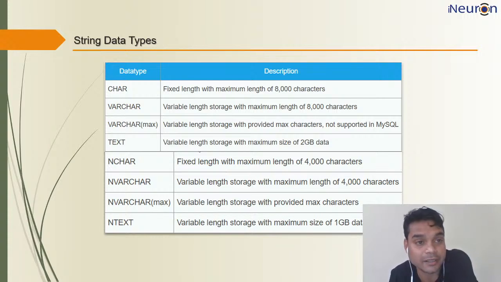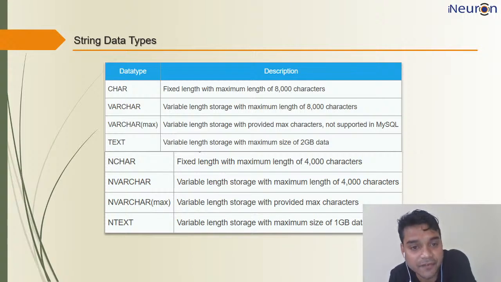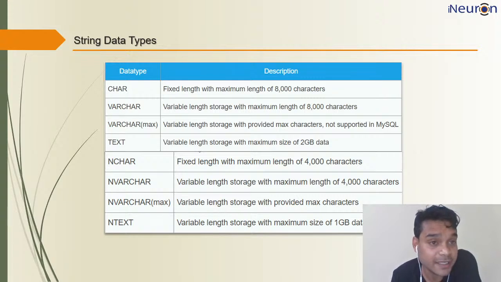For example, if I take varchar, you can see the variable length storage, and the maximum length this data type can handle is 8,000 characters. Similarly, the text data type can handle a maximum size of 2 GB of data, and that is a huge capacity.